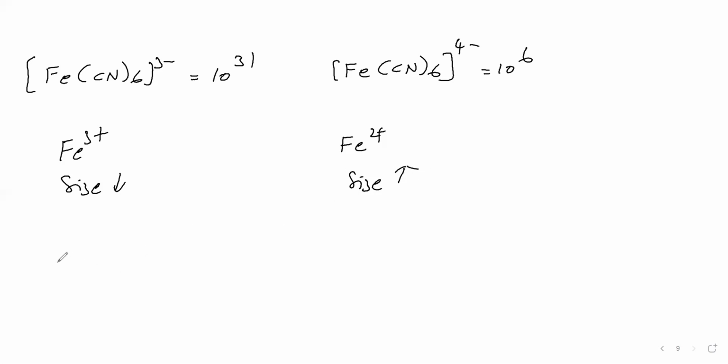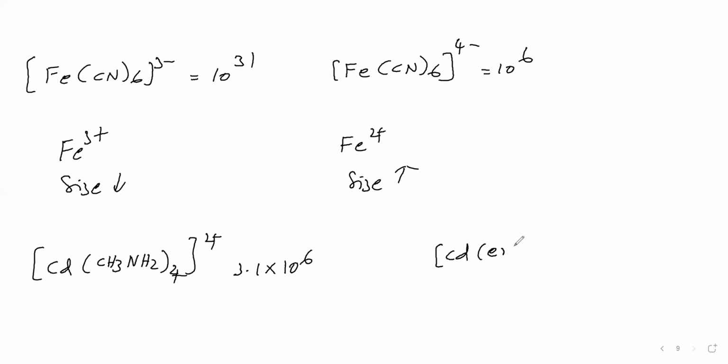Next we will take Cd(CH3NH2)4 2+. Its stability constant is 3.1 into 10 power 6. We will take the complex Cd(en)2 2+. Its stability constant is 3.2 into 10 power 10.